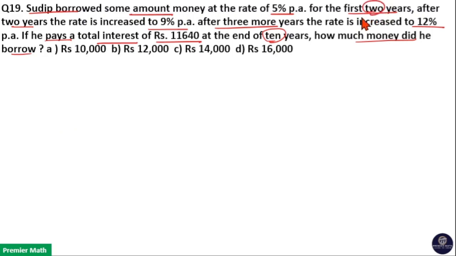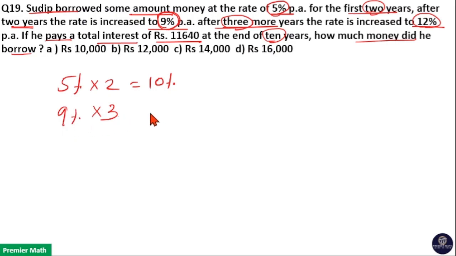For the first 2 years, he paid 5% per annum. So total interest he paid is 5% into 2, 10% for 2 years. Then, after 2 years, rate increased to 9%. Then after 3 more years, rate increased to 12%. That means for 3 years, he paid 9% per annum. So for 3 years, 9% into 3 is equal to 27% interest he paid.